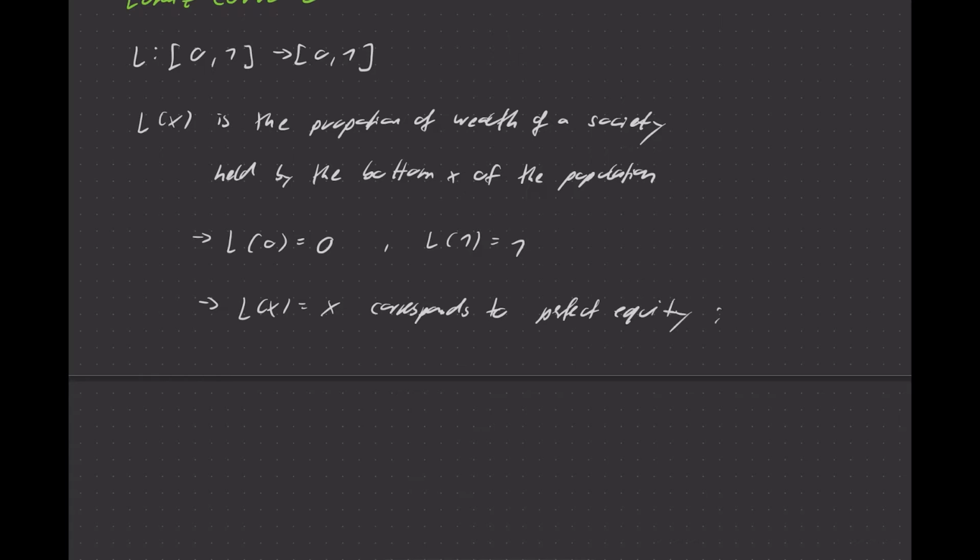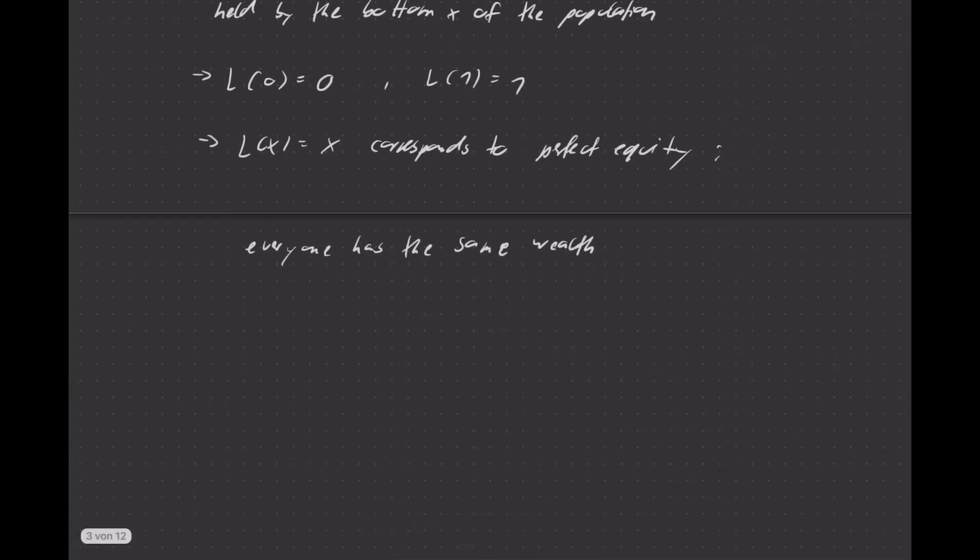That means everyone has the same wealth. And that curve, L of x equals x, is also referred to as the ideal curve for that reason. That is kind of the perfect society.